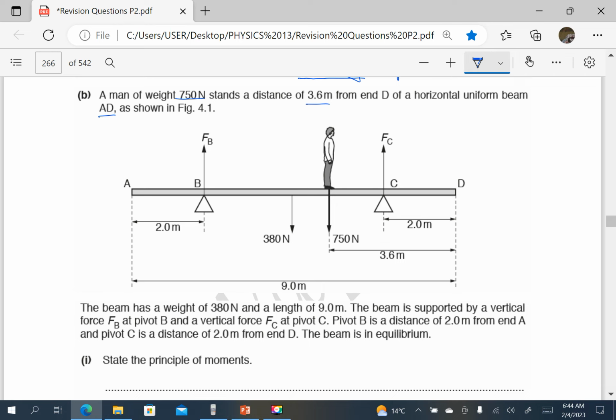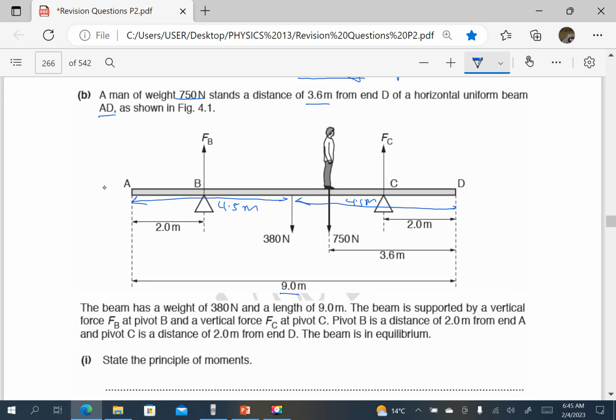The beam has a weight of 380 newtons, so this acts at the center, because the weight of a uniform body acts at the center. So that distance is 9 divided by 2. That distance is going to be 4.5 meters. Even that distance from the other end is going to be 4.5 meters.